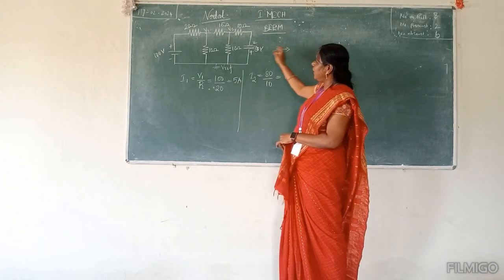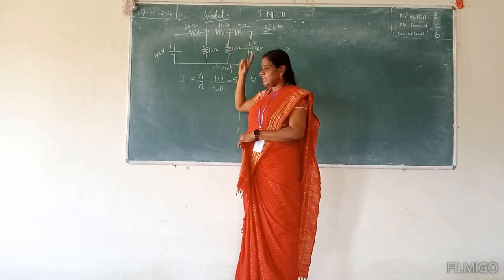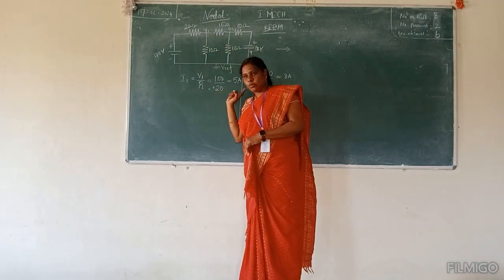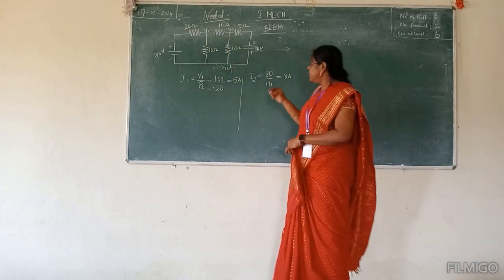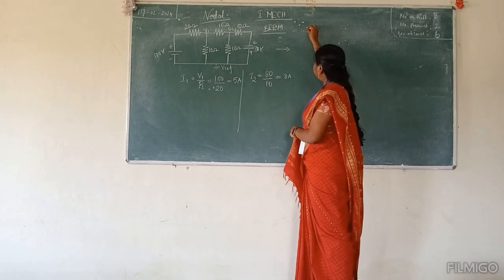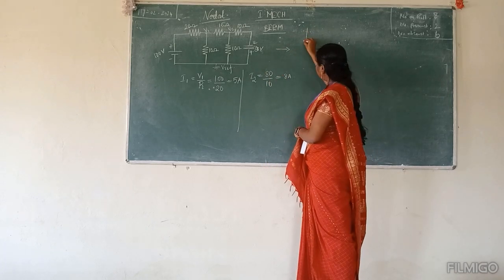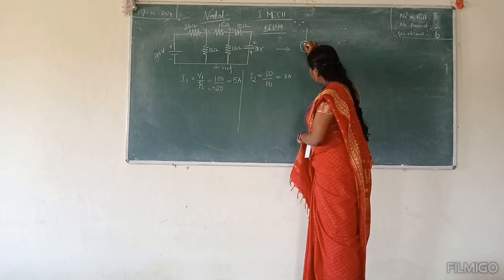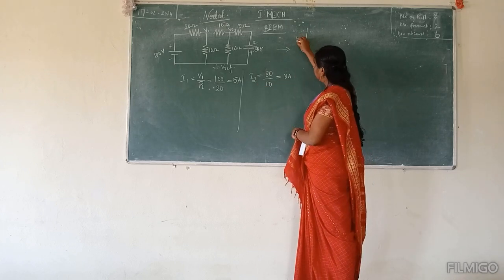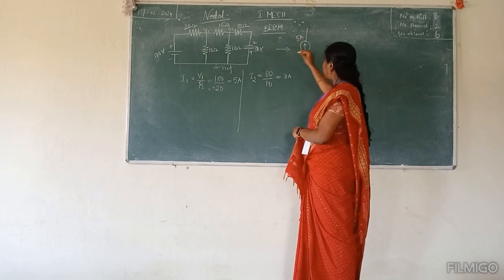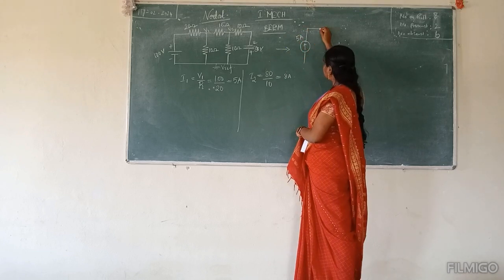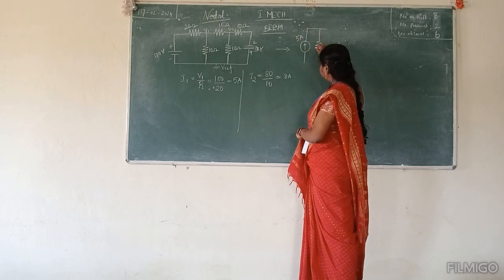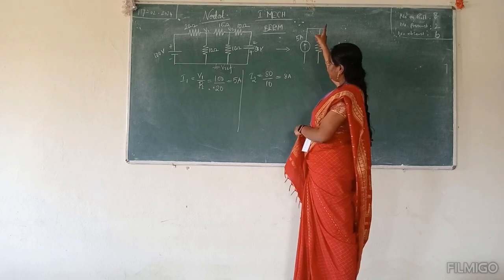So first identify the nodes. Second step, convert the sources. Third step is what? Redraw the diagram. So I need to convert the voltage source into a current source. It is 5 ampere. It should face up because positive is up, right? And this resistor should be replaced here, the 20 ohm in series.